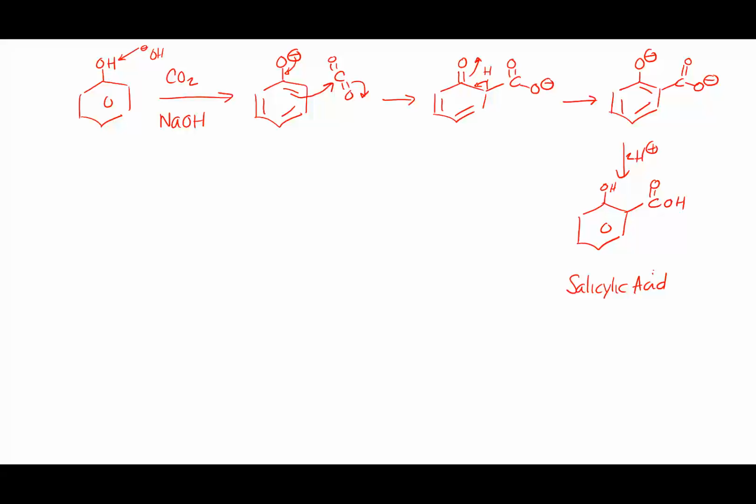And salicylic acid is the precursor to probably the most used drug in the world. And that is that we convert the OH group into an ester. And that's acetylsalicylic acid.